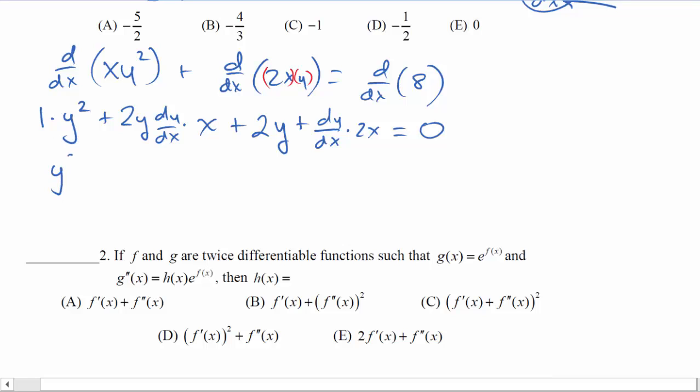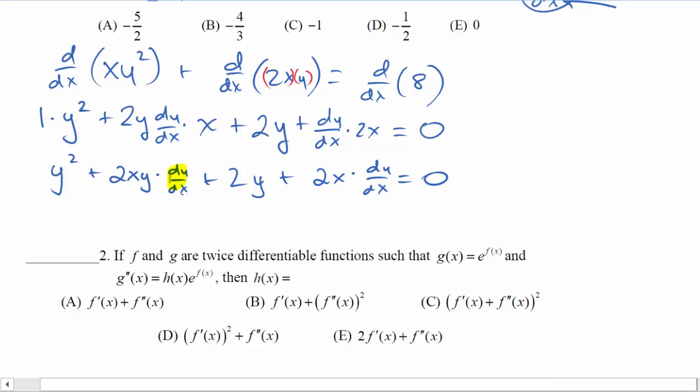So this is just y squared plus 2xy times dy dx plus 4xy, plus 2y plus 2x times dy dx, which is equal to 0.